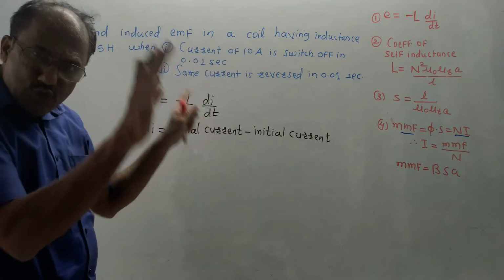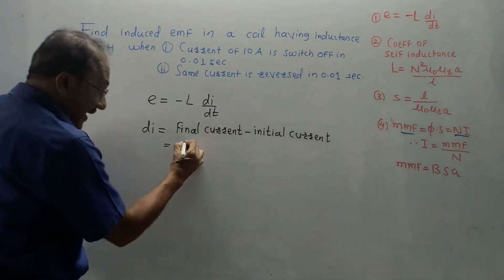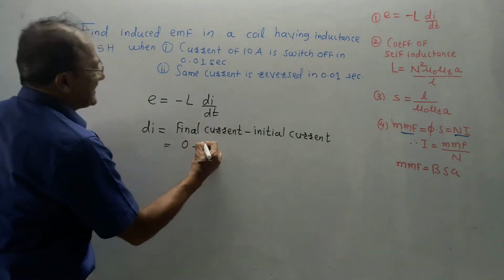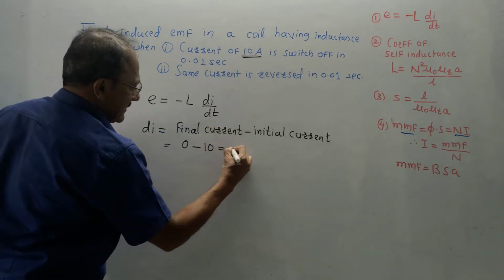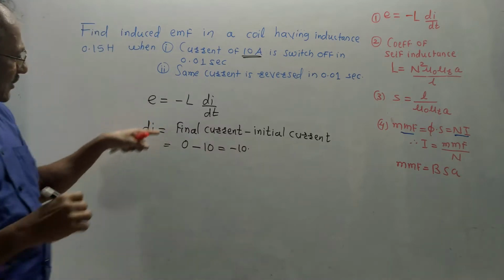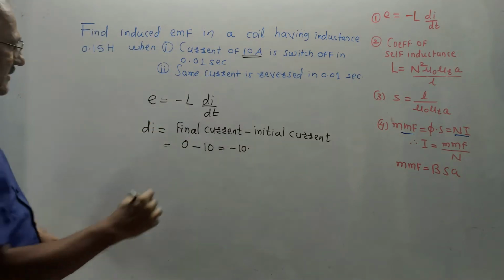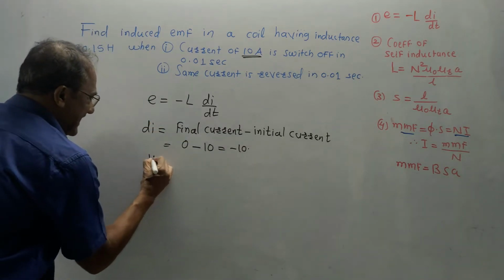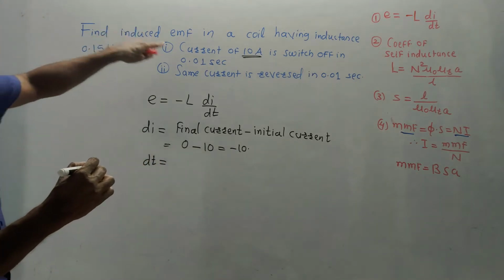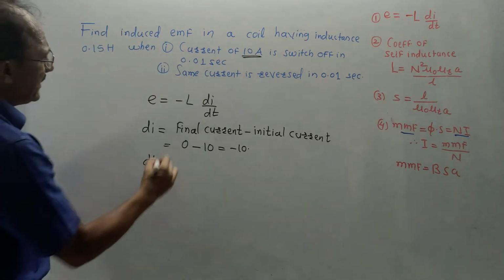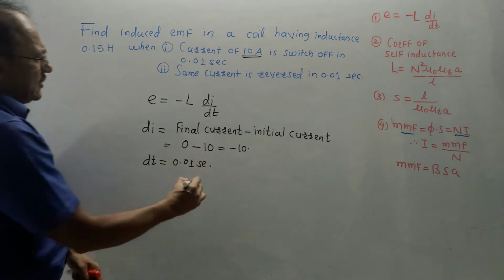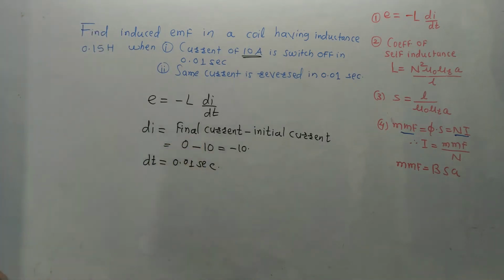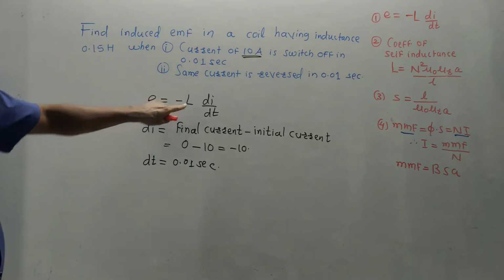So current becomes 0. Switch off means 0. So final current is 0 minus initial current 10 ampere. So that is minus 10. This is the value of Di. Then what about dt? Dt is change in time, which is directly given in the question, in time period 0.01 seconds.